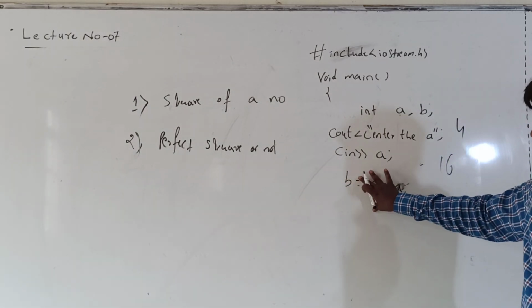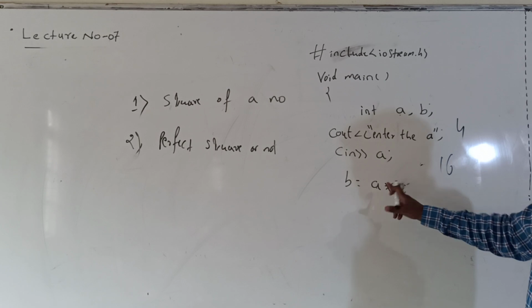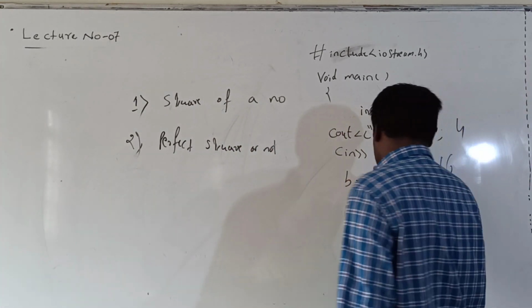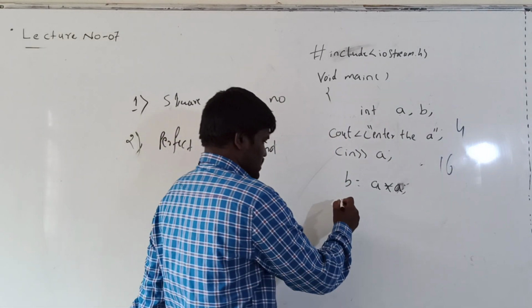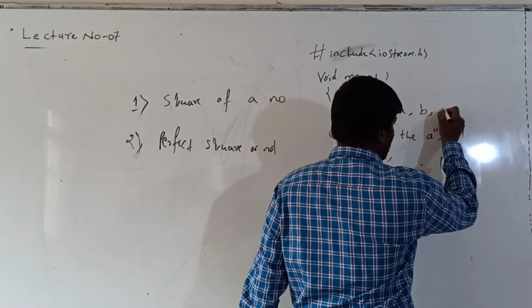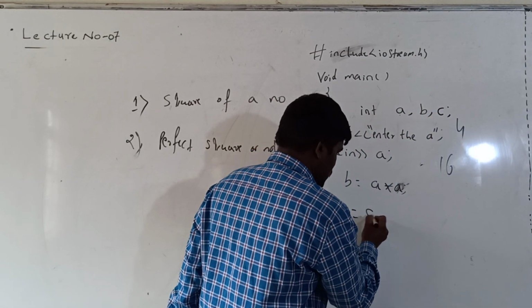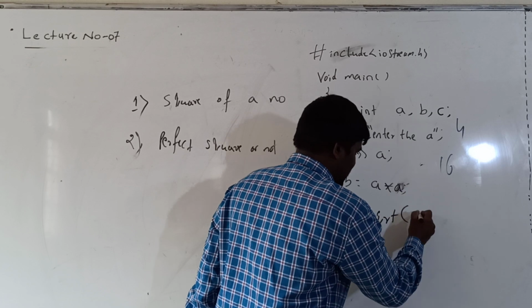So the first thing is you multiply the same number, you square the number, and it is stored in b. After that, I can declare one more variable c. c is equal to sqrt of b.